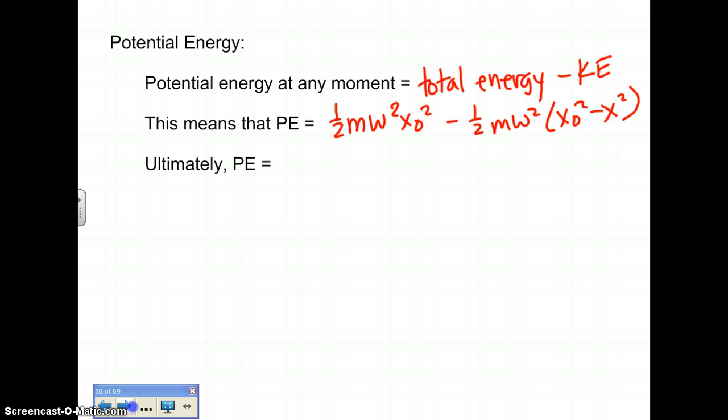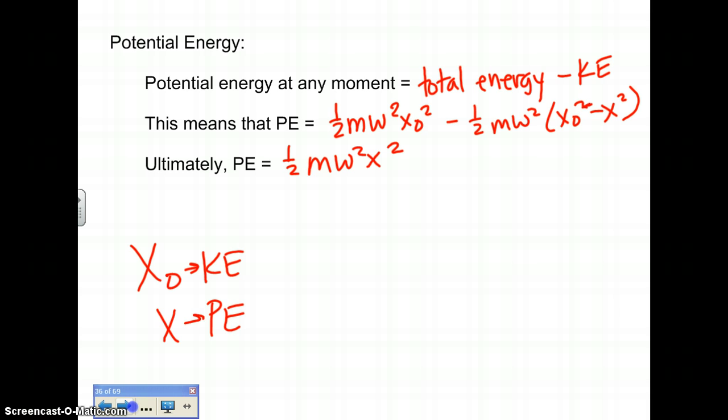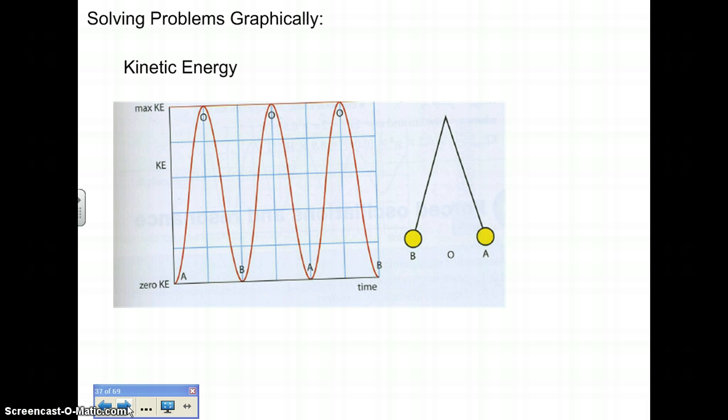You don't know if you're at your maximum displacement, so you don't technically want to get rid of that x squared yet. So ultimately, PE simply equals 1/2 m w squared x squared. See the difference? x sub 0 for total energy and x for potential energy. So kind of look for those little helpful hints there, guys.